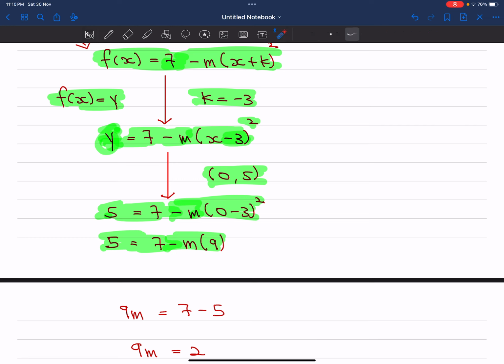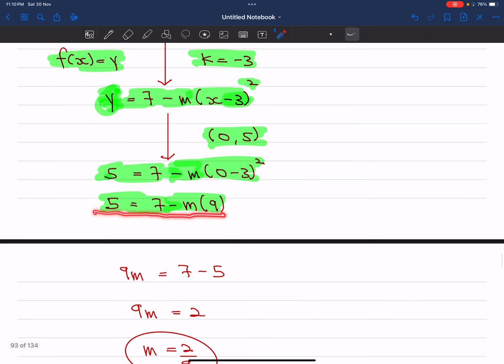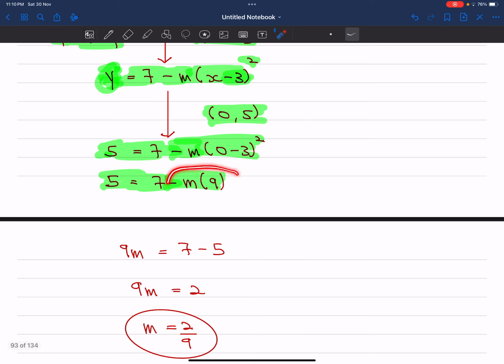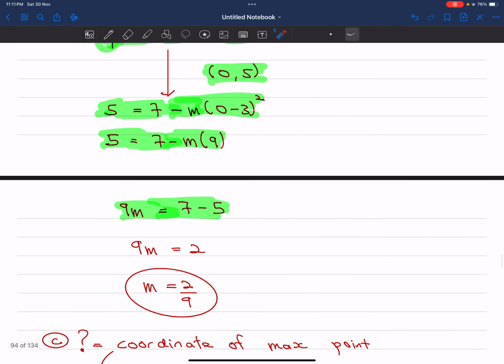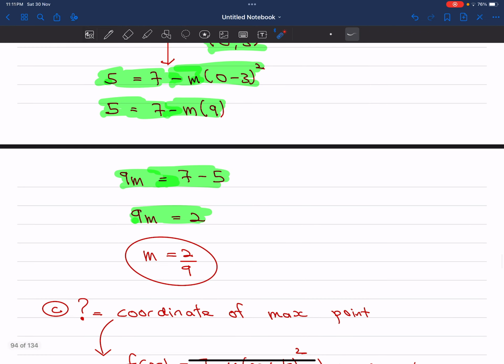So I have 5 equals 7 minus 9m. I take the minus 9m to the left hand side. I have 9m equals 7 minus 5. I took the 5 to the right hand side. So I have 9m equals 2. Transfer the 9, I have m equals 2 over 9.